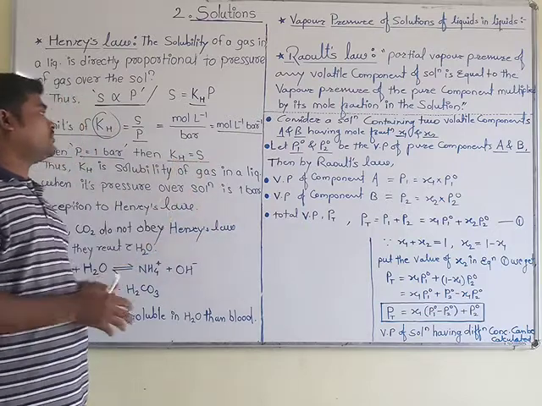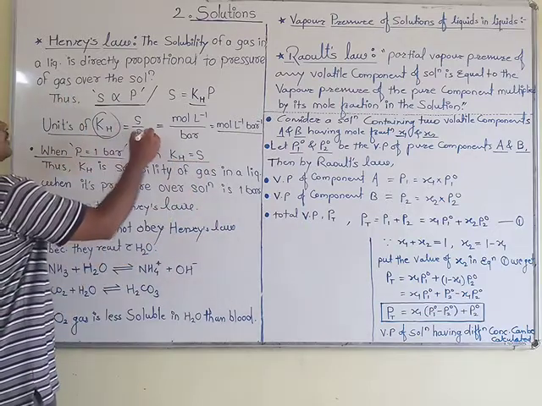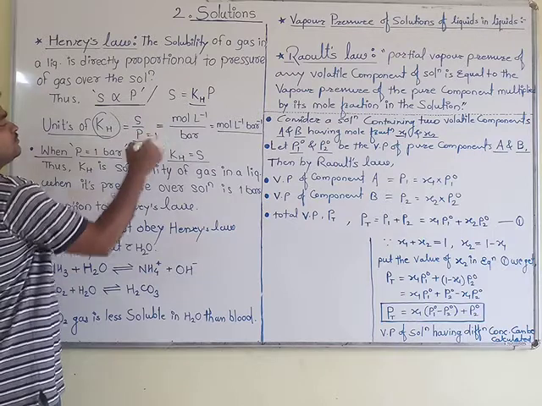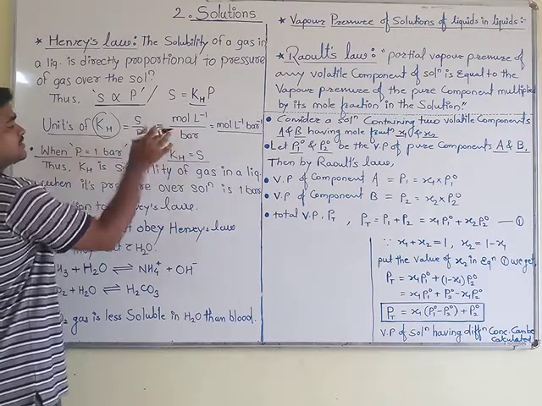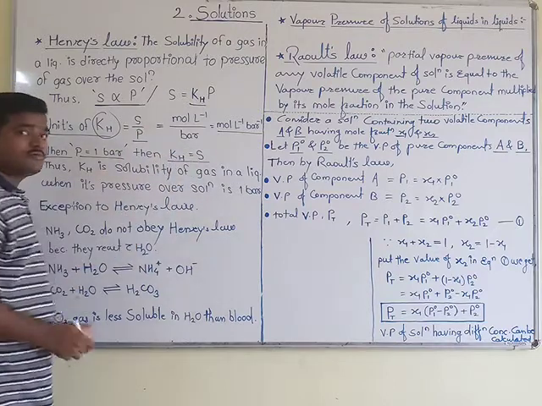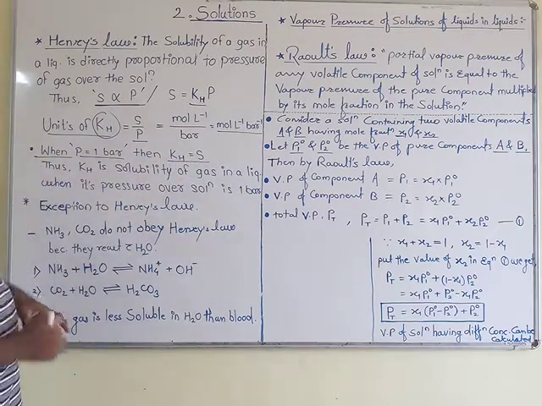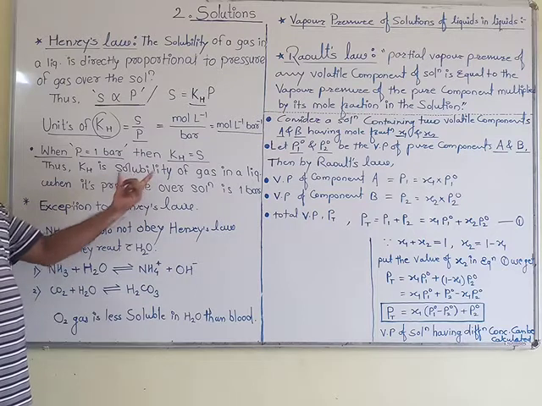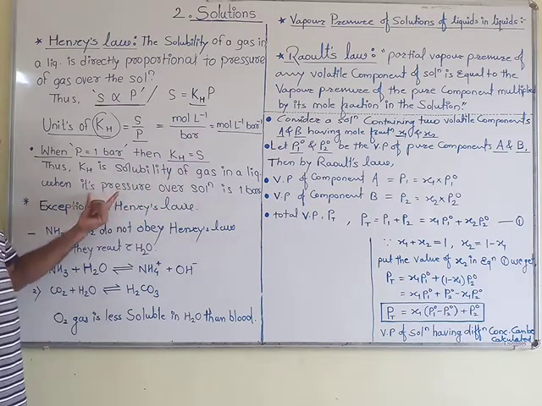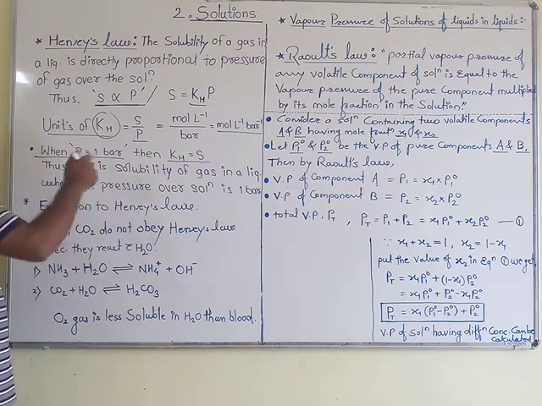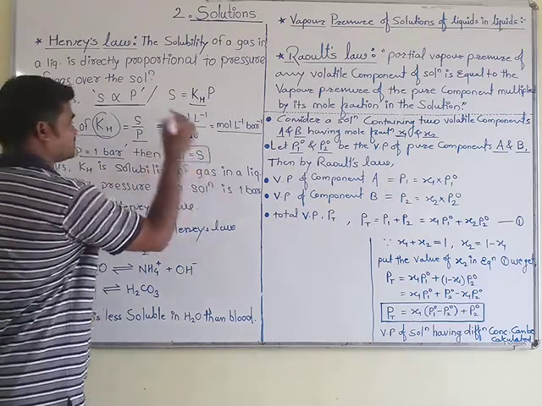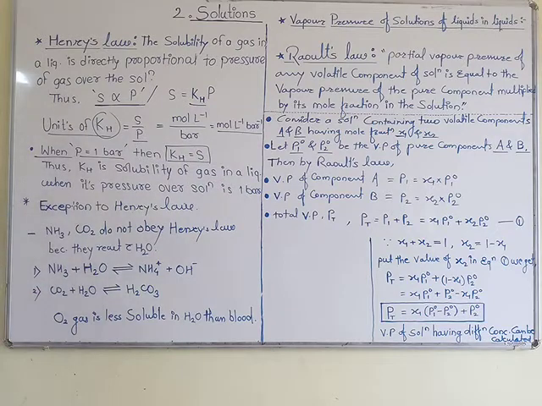Here we put the value of P equal to 1, so the equation becomes Kh is equal to S. Now Kh is the solubility of the gas in a liquid when its pressure over the solution is 1 bar. That's why we get this equation after putting the value of pressure P equal to 1 in the above equation.